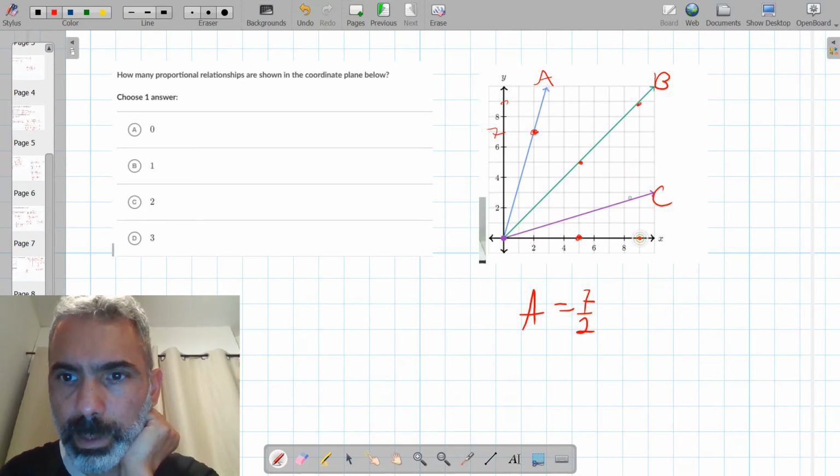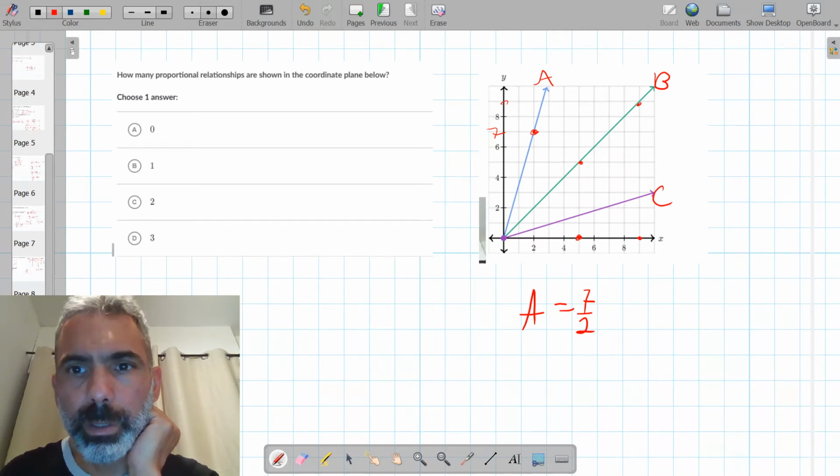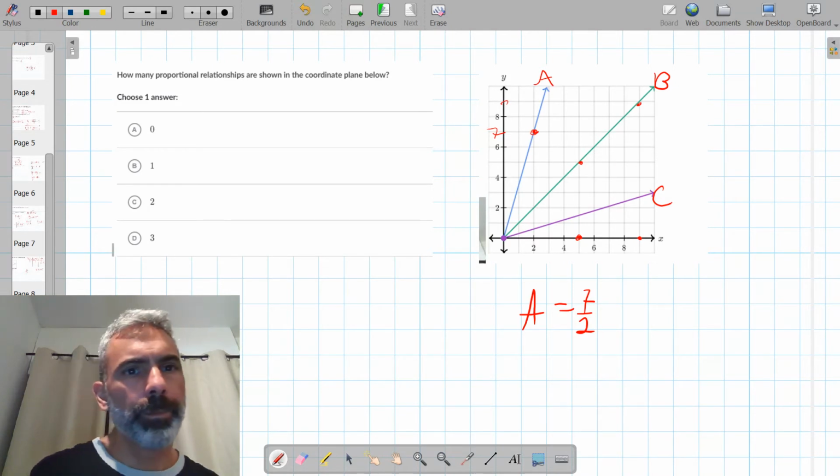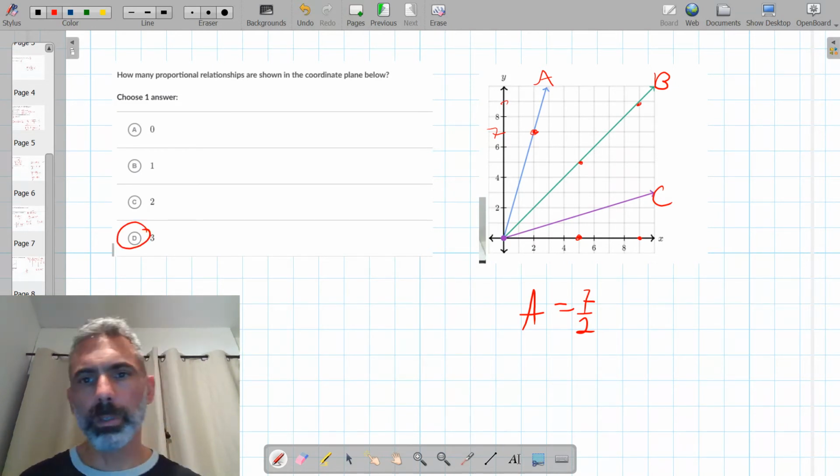This is B and C. I guess they all are, because it's linear and it goes through the origin, so all three lines show a proportional relationship.